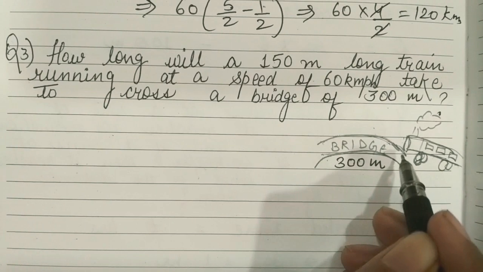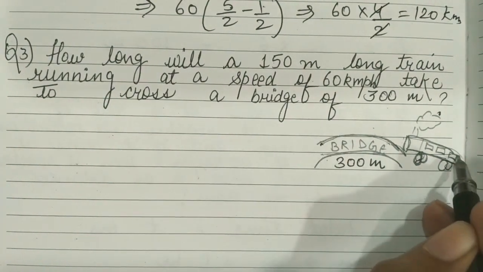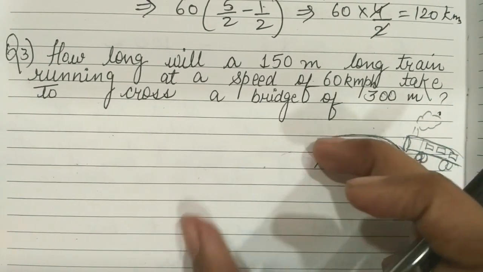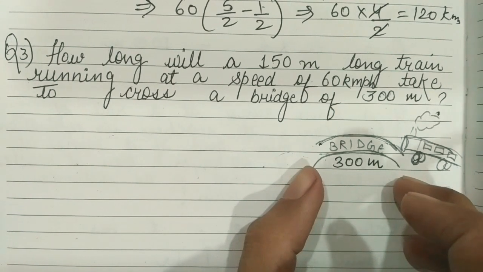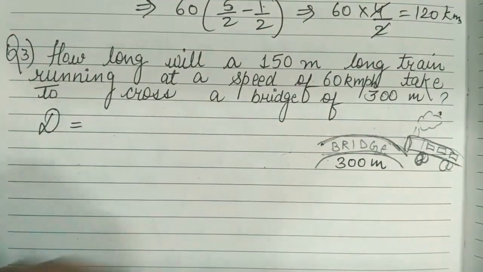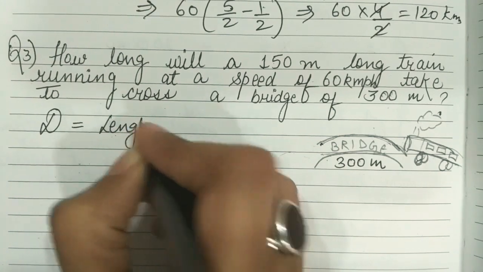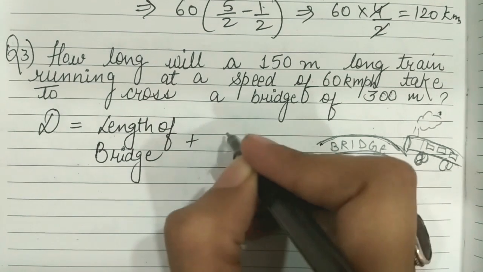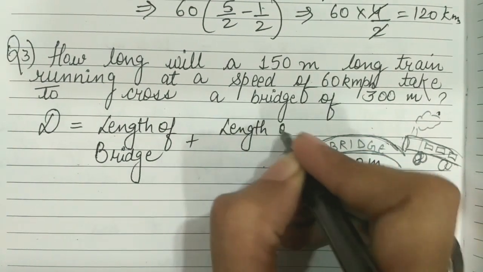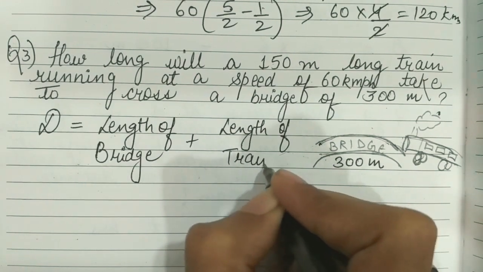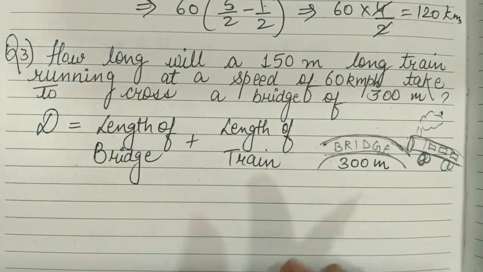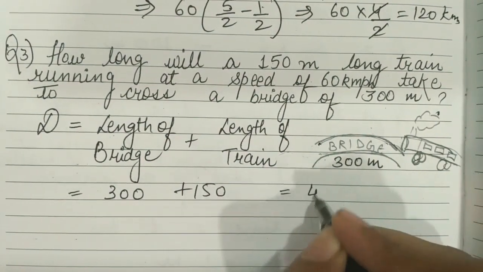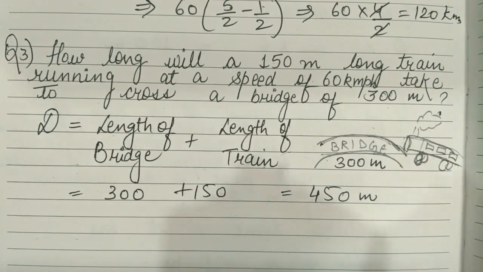The distance traveled will be the length of the bridge and the length of the train, because at the end, the train has to cross the full length of the bridge plus its own length. It is important to note that we have to add these both to get the distance. 300 meters plus 150 meters. So distance traveled will be 450 meters.